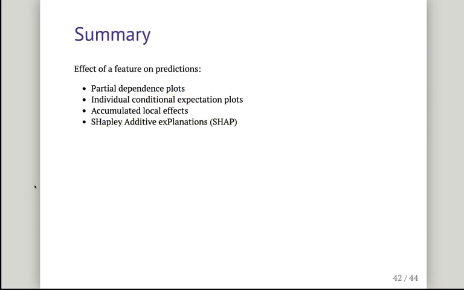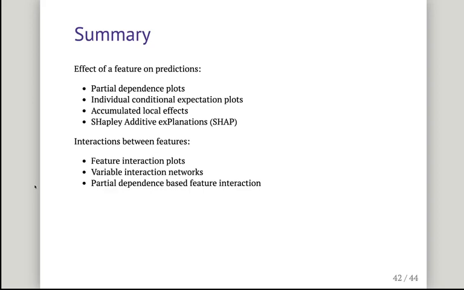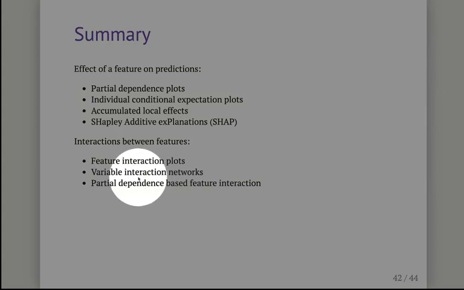All right, so in summary, we've talked about how you can look at various components of a machine learning method. You can look at how a feature affects the predictions using partial dependence plots, individual conditional expectation plots, ALE plots, and SHAP values. You can look at relationships or interactions between features using feature interaction plots. You can also use what's called a variable interaction network, which we've skipped in this set of slides.